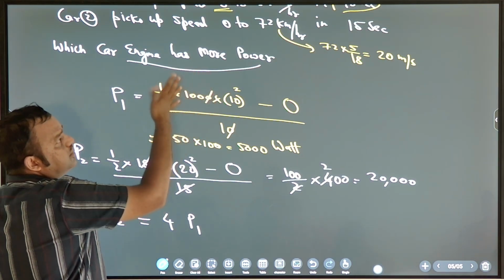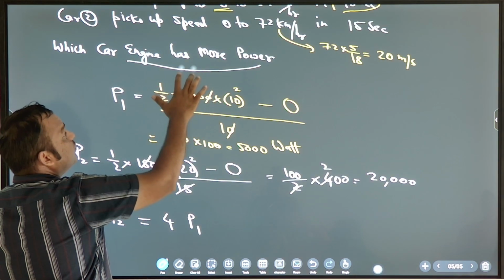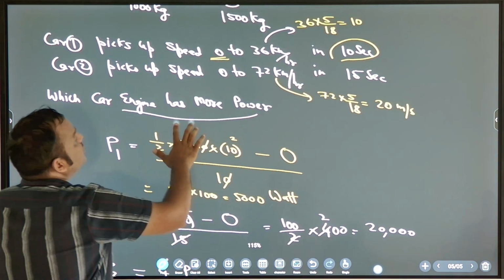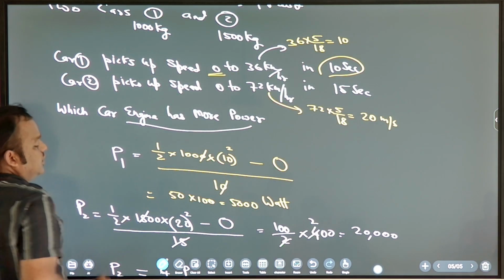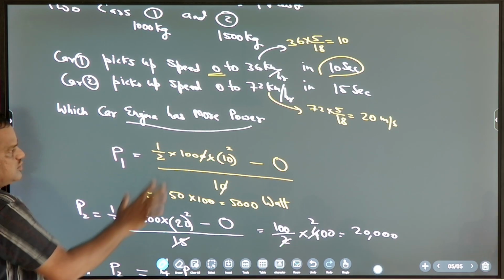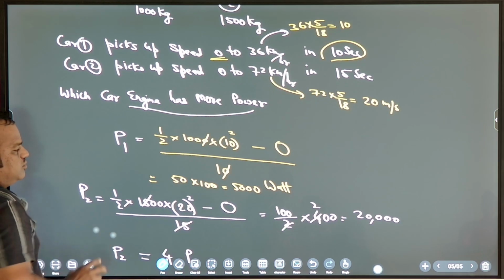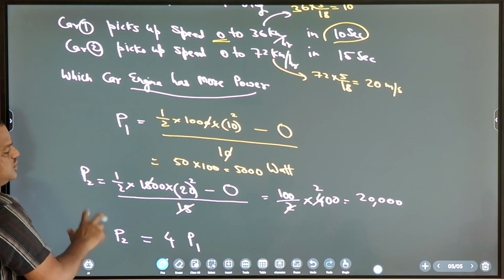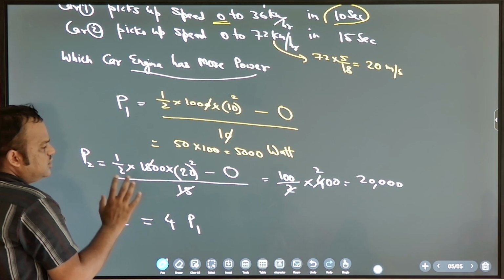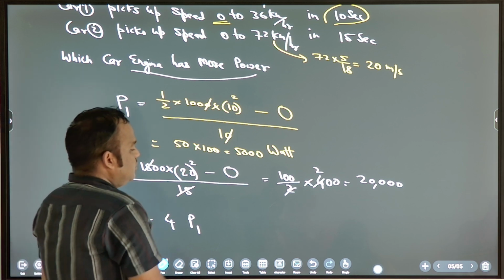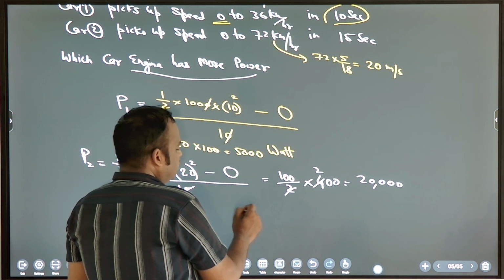You don't see only speed, you have to see mass also, because kinetic energy depends on mass. So this is one example. Like truck, generally which has more power, truck or car?